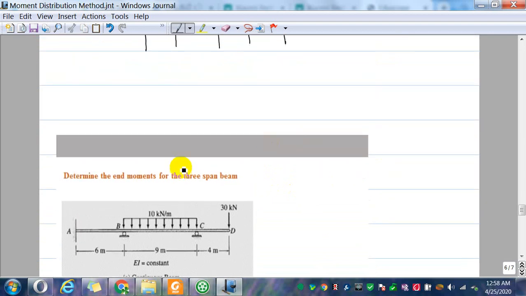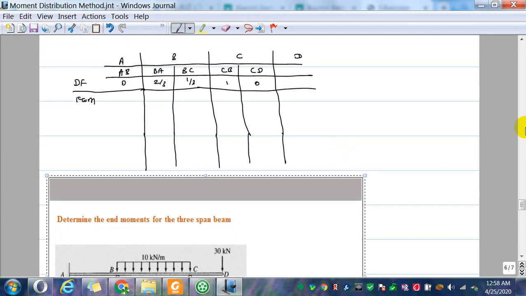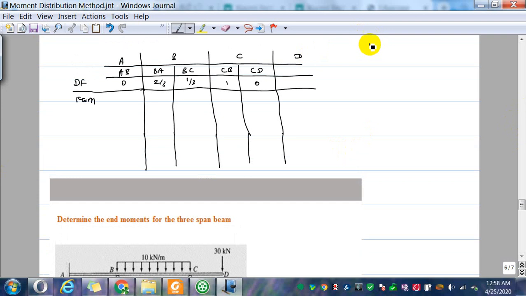I'm going to delete this later, but just for reference. FEM AB, FEM BA, FEM BC, FEM CB, FEM CD.